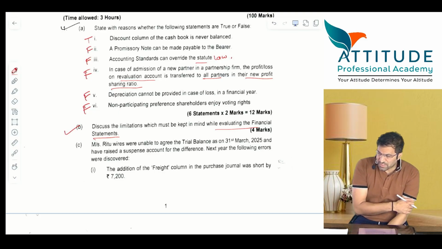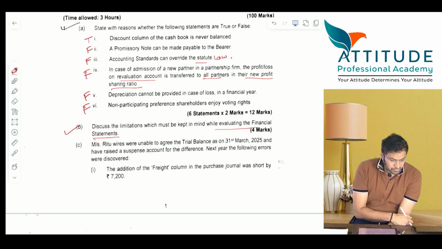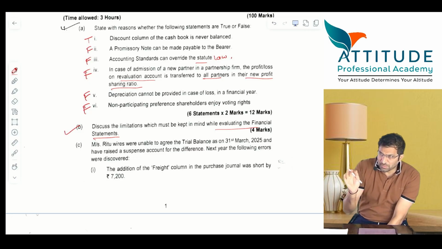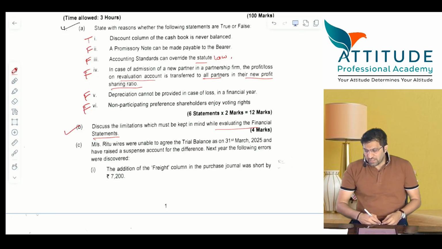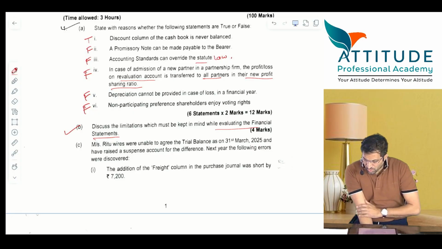Balance sheet shows the position, not the performance. Balance sheet shows the position of the business on the day of its preparation and not on the future date.